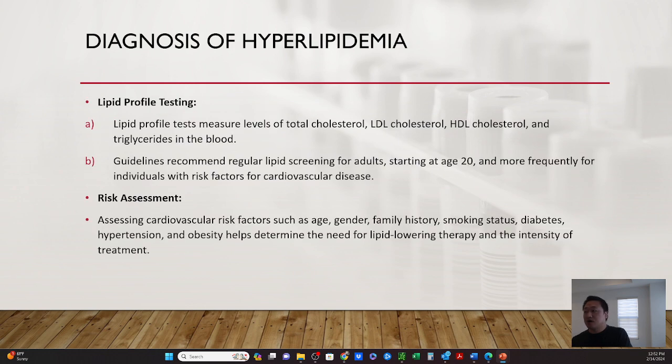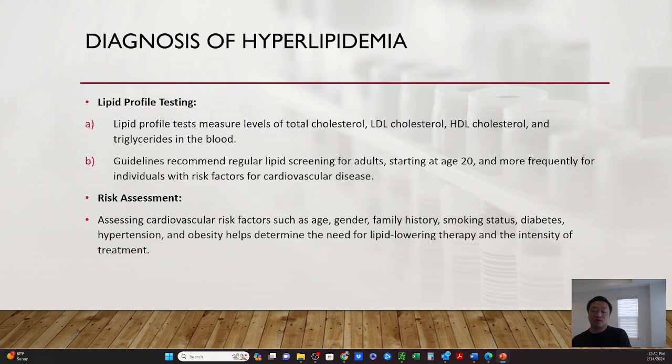So the diagnosis of hyperlipidemia involves testing your levels of total cholesterol, LDL cholesterol, HDL cholesterol, and triglycerides in the blood.